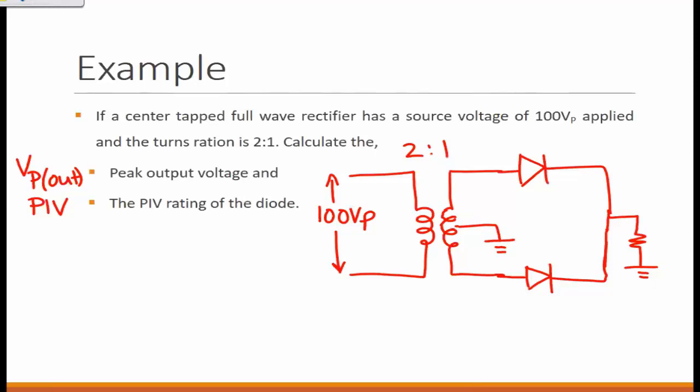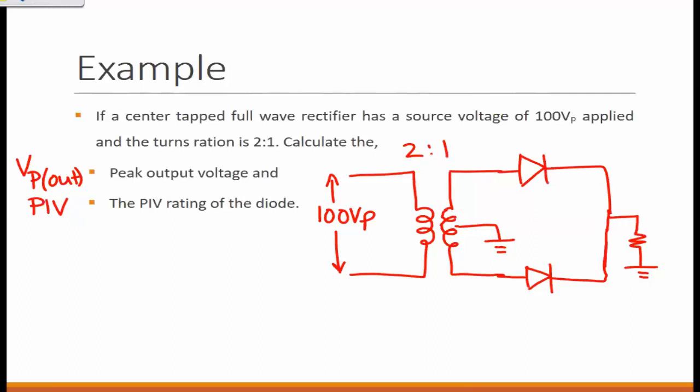Again, as always, you carefully check what type of rectifier it is referring to, and look for subsequent formulas.